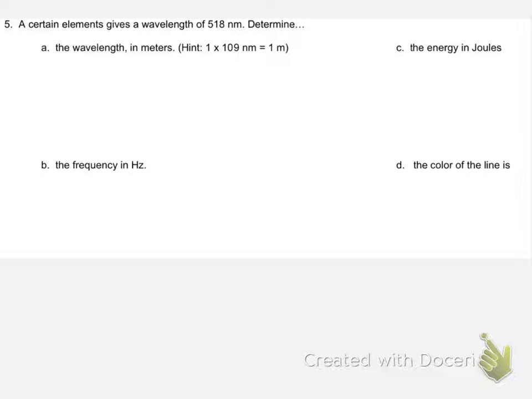So this number here should be 1 times 10 to the 9th nanometers per meter, and we're going to use that in our conversion. So first, if I have a wavelength emitted of 518 nanometers, and I'm going to do some calculations with my speed of light, I have to get to meters because that is the unit on the constant.